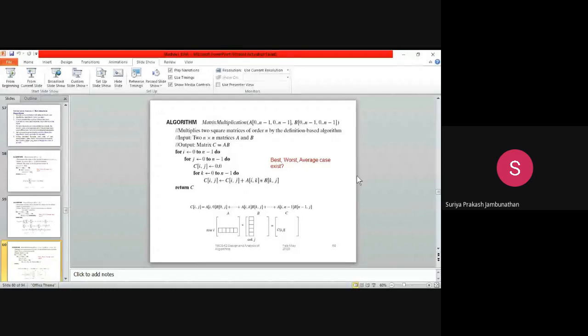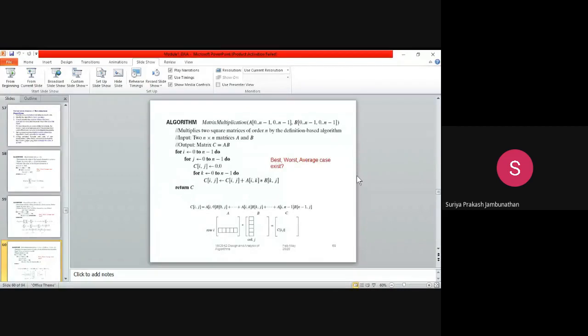So the first for loop we write as the outermost for loop, that is for i ranging from 0 to n minus 1 do. So i from 0 to n minus 1 do, we are making the first, outermost for loop. Then the first inner for loop, for j ranging from 0 to n minus 1 do. So this second for loop we make for j from 0 to n minus 1.